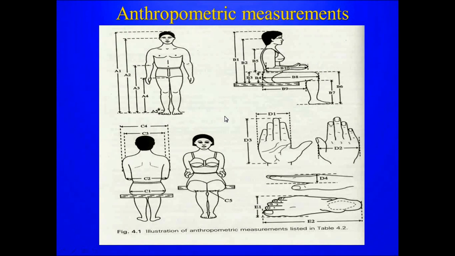So anthropometric measurements, as I've mentioned before, can occur in a number of different ways. The standing height, for example, here, notice that these are measured at landmarks. It's the ankle, the inseam, looking at the crease in the elbow, the eye height and overall stature, sitting distances.